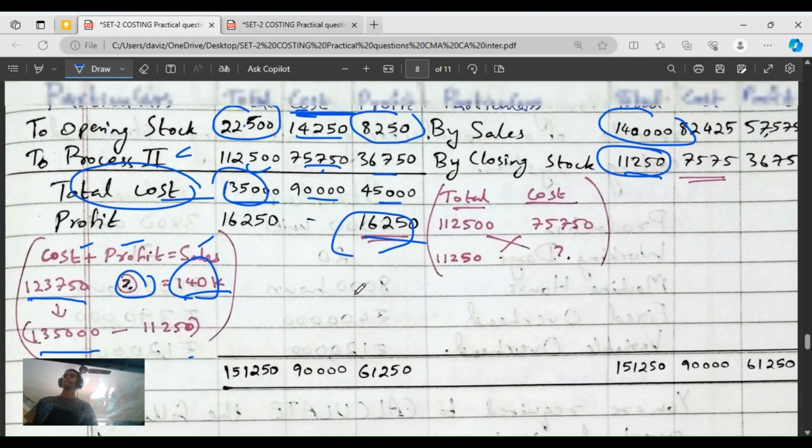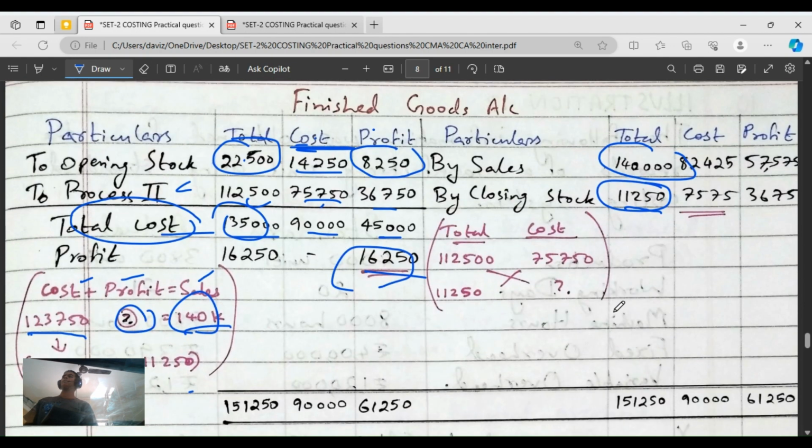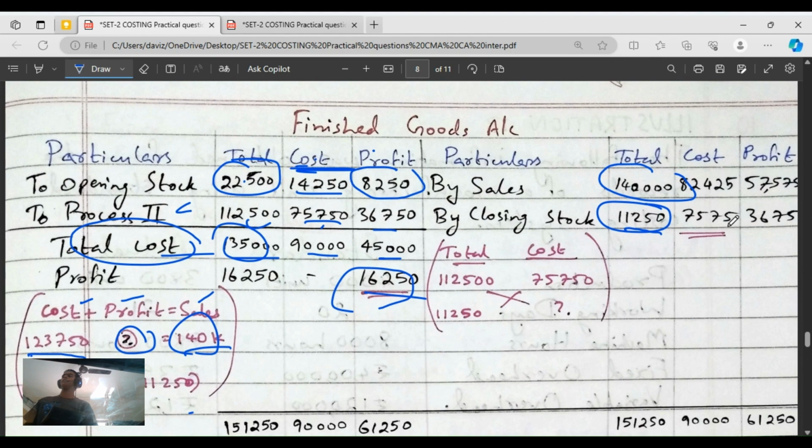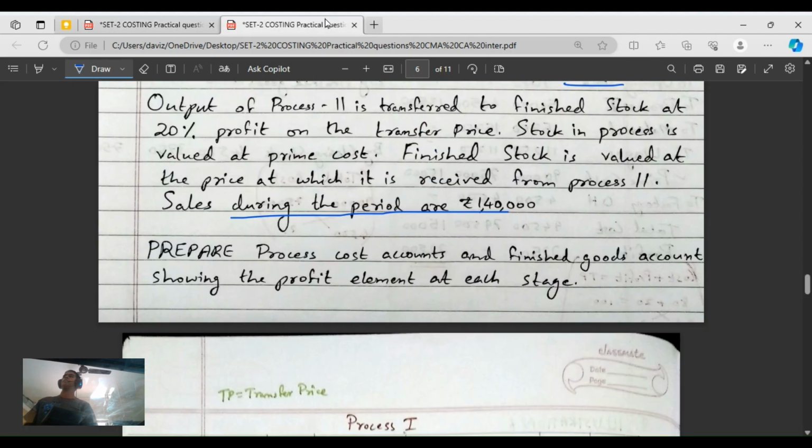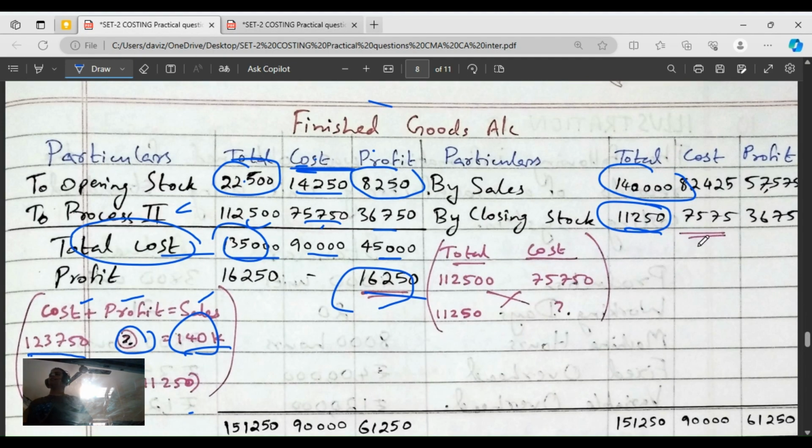Then total it, balance it. Okay, here one more thing is closing stock valuation. The finished stock is valued at the price at which it is received from process 2.